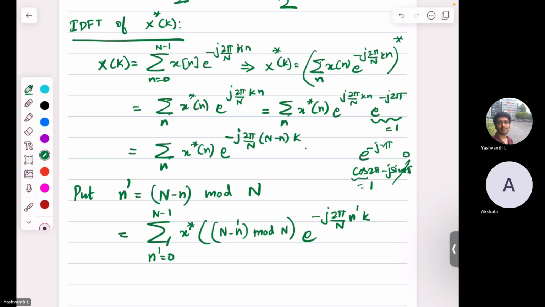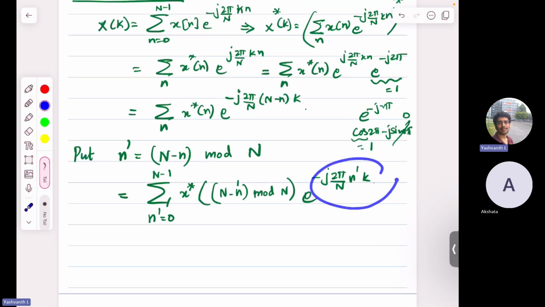You can show that. Why did I remove mod N from here? That's because n ranges from 0 to N minus 1, so N minus n again ranges from 0 to N minus 1. So mod N, nothing will happen. It will be the same number, because it's a number between 0 and N minus 1.